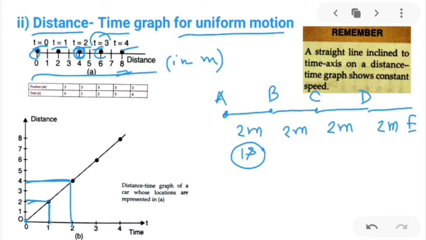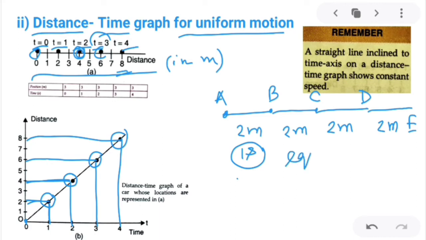After 3 seconds, it is at 6 meters. After 4 seconds, it is at 8 meters from the starting point. These are the points of the given information. That means in every 1 second the object covers equal distance; the distance covered in equal intervals of time is equal.